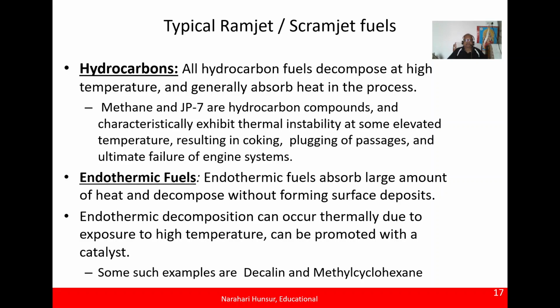There is a class of endothermic fuels which absorb a lot of energy and heat and decompose without forming surface deposits. Endothermic decomposition can occur thermally due to exposure to high temperature, and can be promoted with a catalyst. Some examples are decalin and methyl cyclohexane.